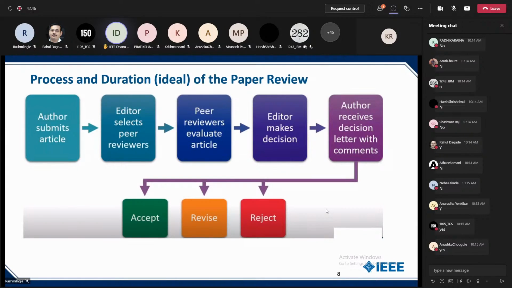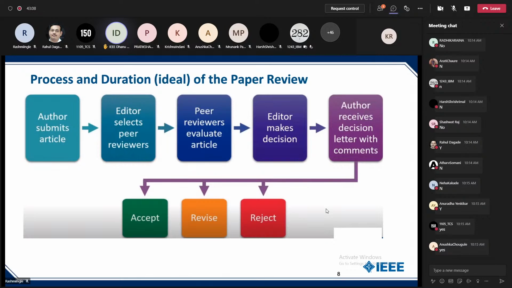The third thing is, IEEE also maintains something called PAL, the prohibited authors list, wherein there are authors who, unfortunately, have indulged in some unethical aspects. So we don't accept papers from them.